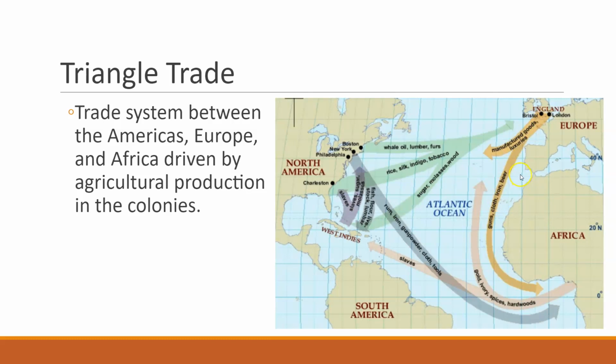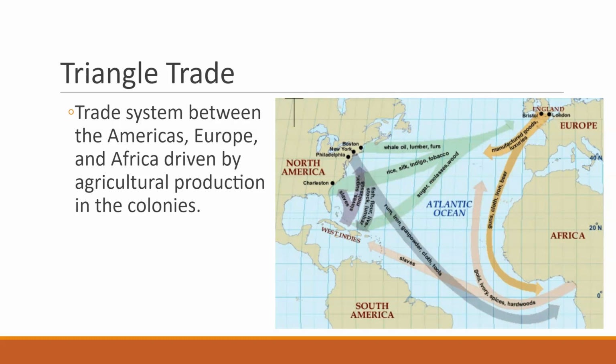And Africa, like the colonies, did not have any factories. It had not developed any kind of industry. And so these European goods were very valuable to the Africans. Things like guns that they could not produce on their own.